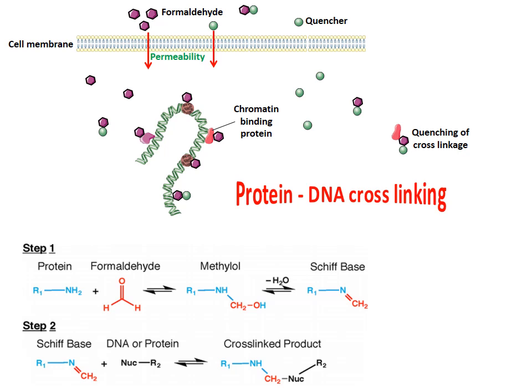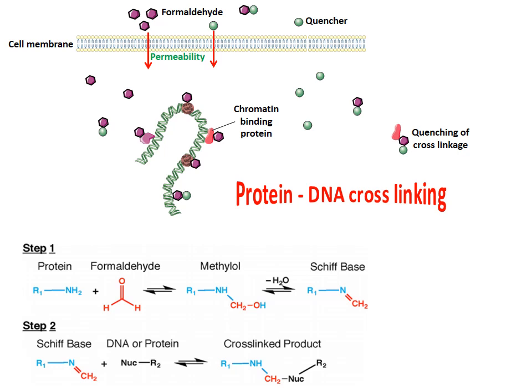So here sometimes the nucleophilic species to react with formaldehyde may come from another molecule called quenchers. These are also easily permeable through the biological membranes. These are small molecules like glycine or Tris. So they also act in a similar way as a protein with formaldehyde, forming the cross-link product of quenchers and DNA.